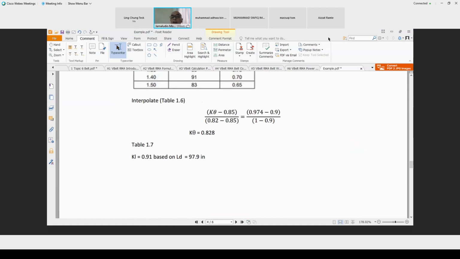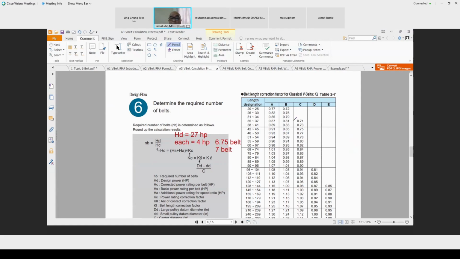It's going to be 97.9. That means in this case we are using 97.9. That value will be 0.91.